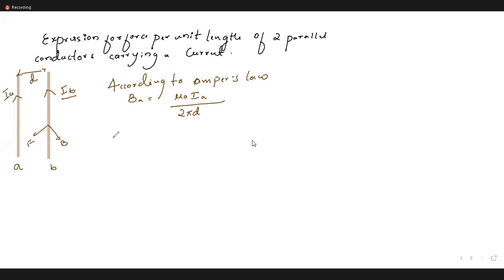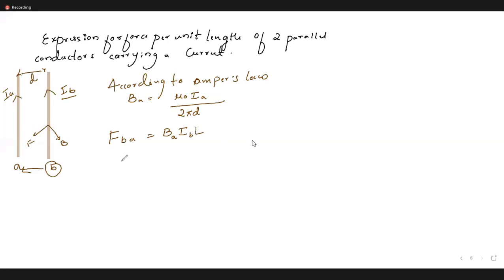Let me write FBA, the force due to B towards A, on a segment of length L of conductor B due to A. FBA is equal to BIL sin theta. Here the magnetic field is due to the first conductor and I is due to the second one.